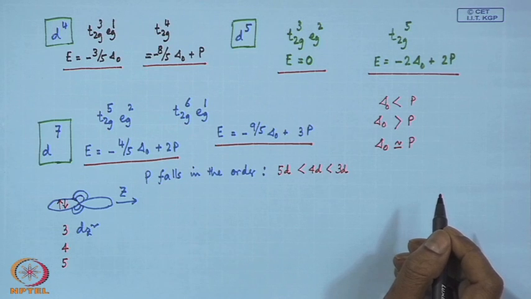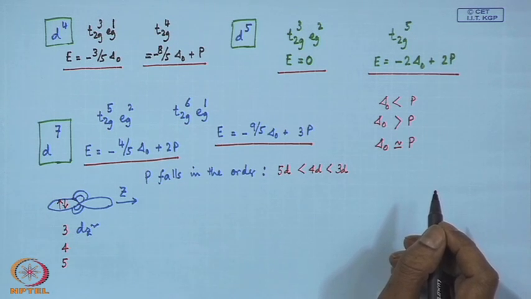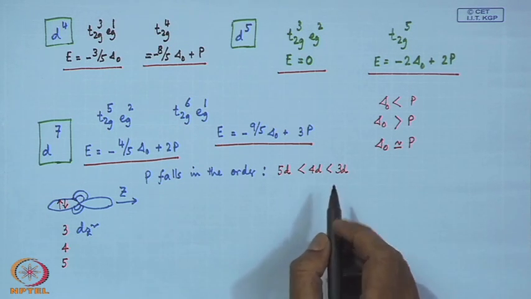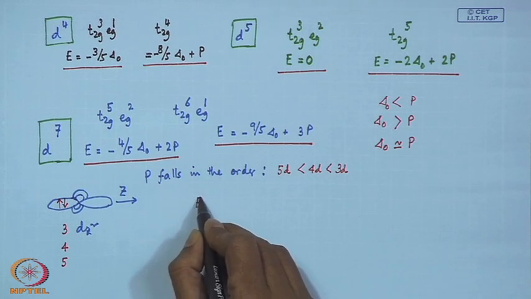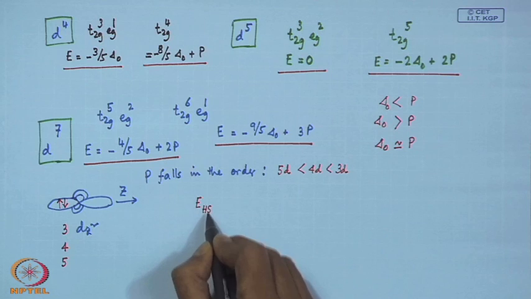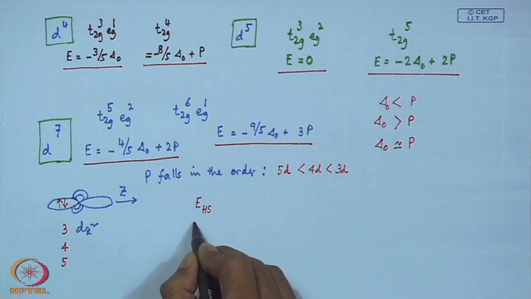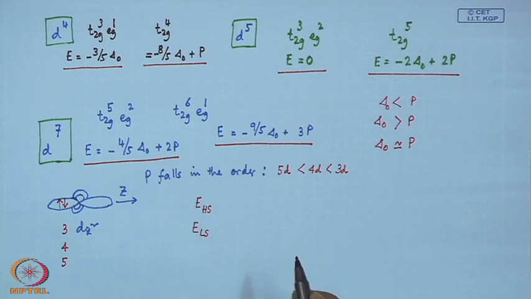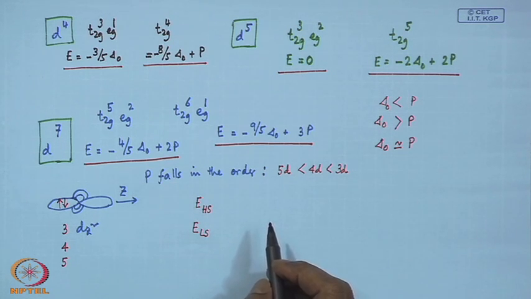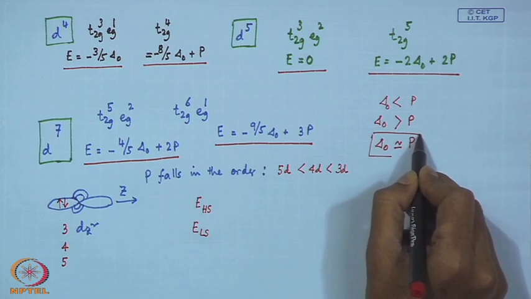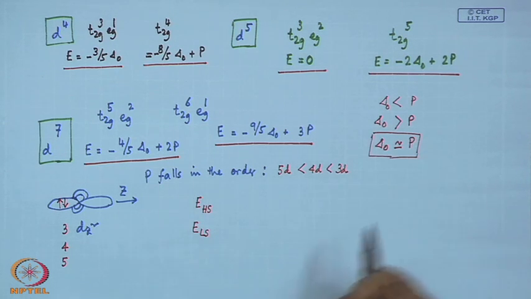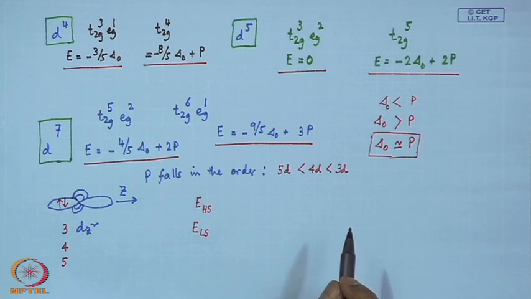So, if we just simply compare these values in a different way, such that we have the corresponding energy for the high spin and the corresponding energy for the low spin situation, we just simply compare. So, when we have two different types of energies, there will be a situation where we have a value like this, which is the critical crystal field.